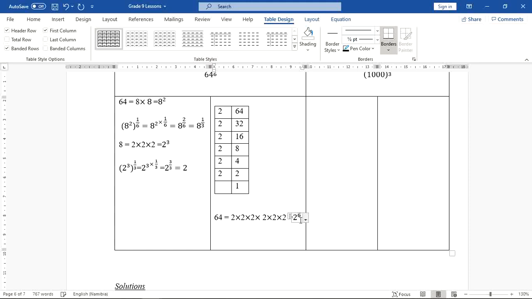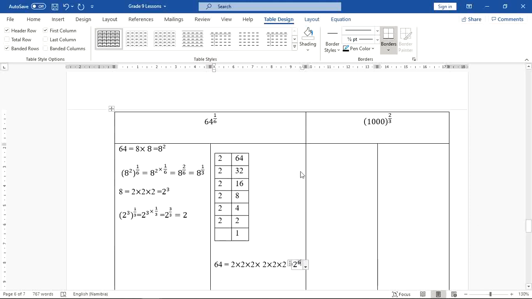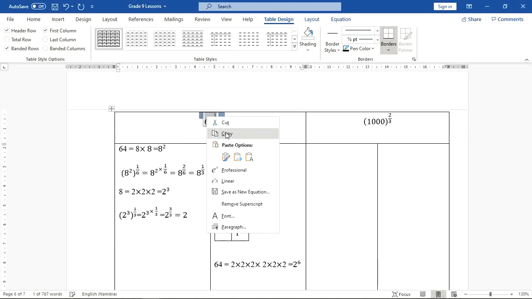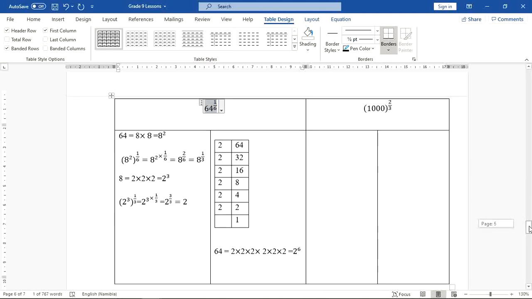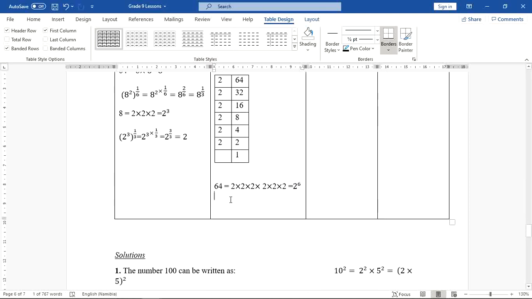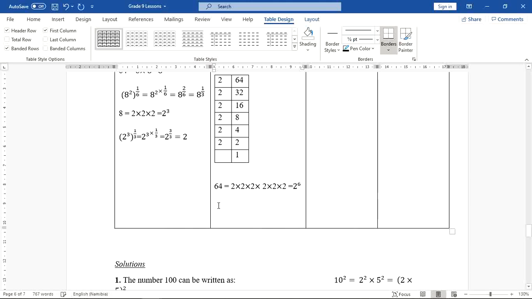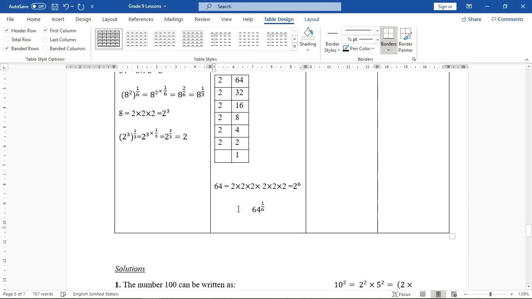6. Alright, so instead of having 64 exponent 1 over 6, instead of 64 here, we are going to replace this by 2 exponent 6.